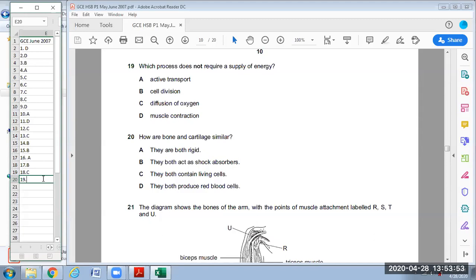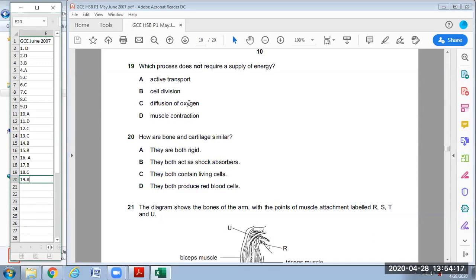Number 19. Which process does not require a supply of energy? A. Active transport. C. Oh, okay, so let me just explain. Now we learn 3 different transport processes: diffusion, osmosis, active transport.